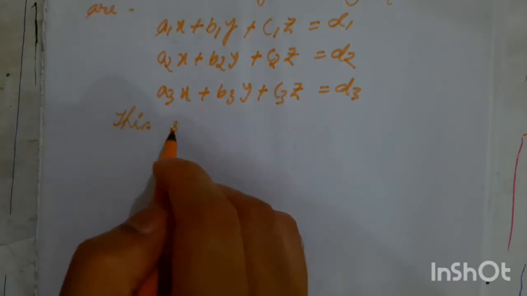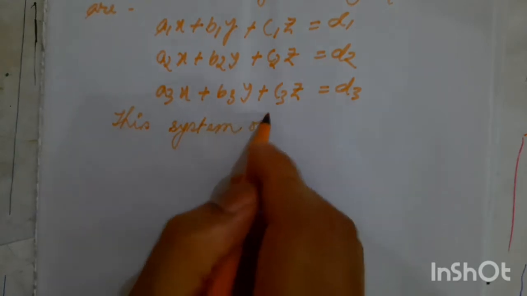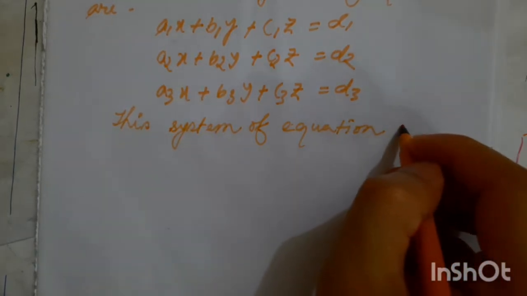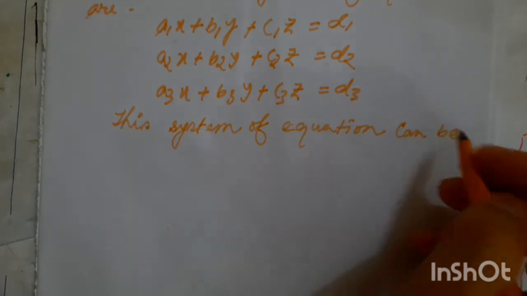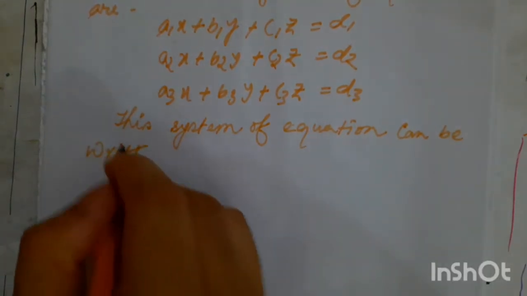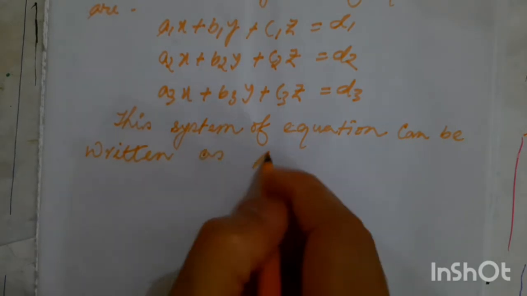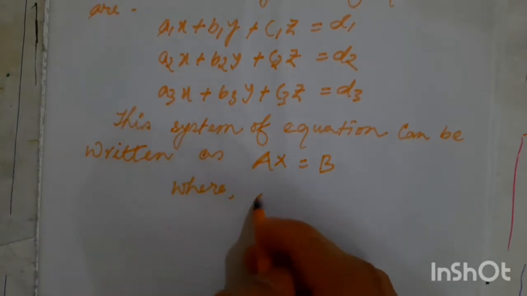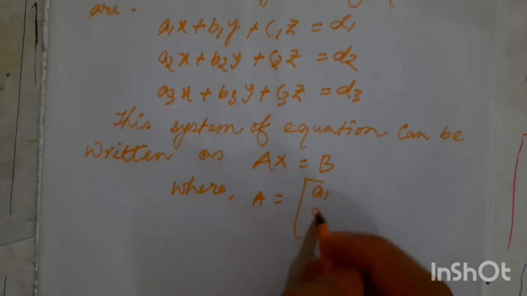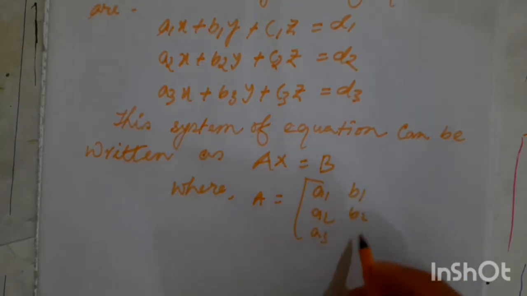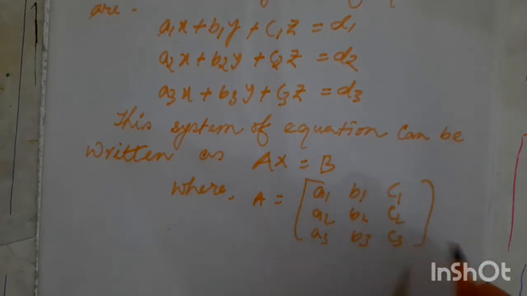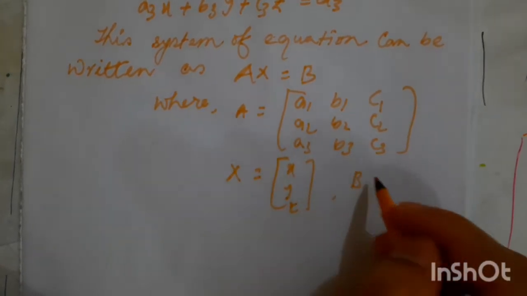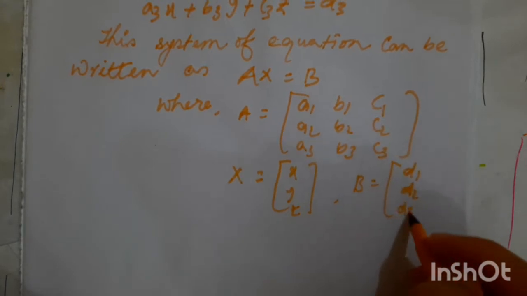This system of equations can be written as AX equal to B, where A equal to the matrix a1, a2, a3, b1, b2, b3, c1, c2, c3, X equal to x, y, z, and B equal to d1, d2, d3.